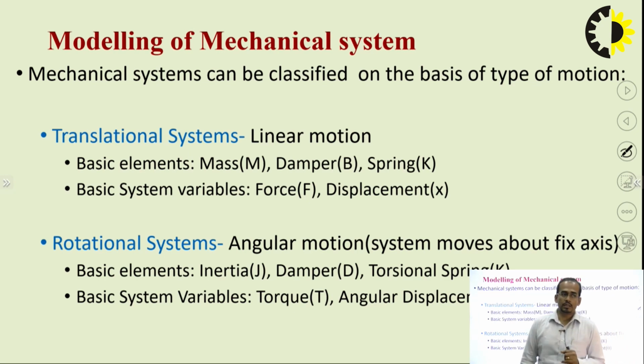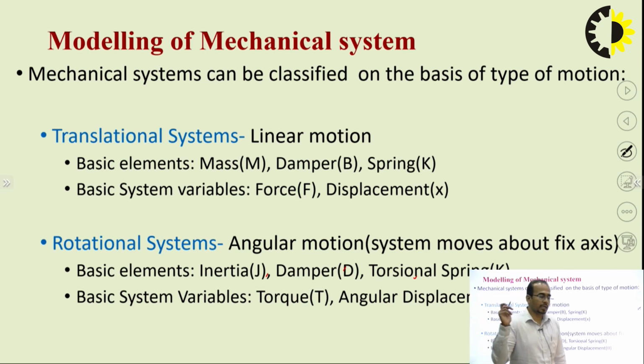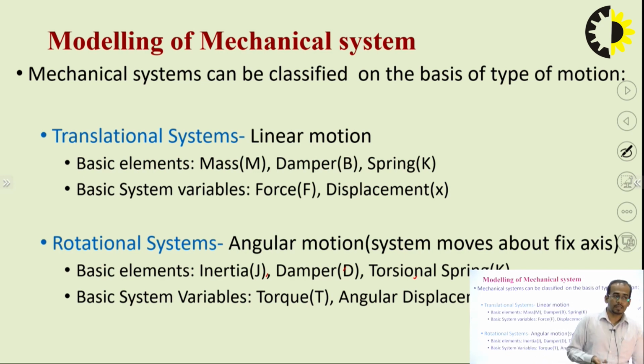So, the basic elements in a translational mechanical system are the mass element, damper element and spring element. But in case of a rotational system, the basic elements are inertia, damper and torsional spring. What will be the input and output in a translational system, and what will be the input and output in a rotational system?